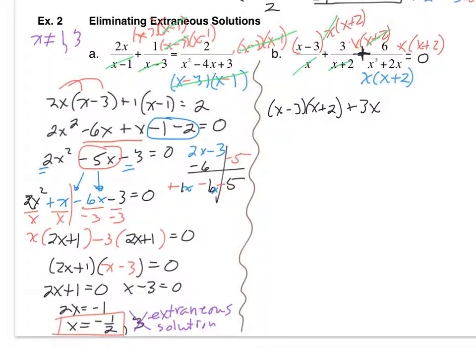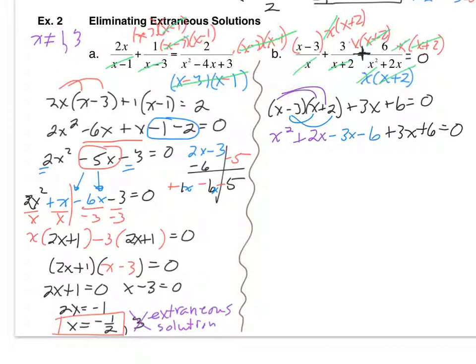Are you with me? All right, so then when we multiply, our x cancels and our x plus 2 cancels, so we're left with a positive 6 equals 0. Then you have to FOIL this correctly, so we get x times x is x squared, x times 2 is positive 2x, negative 3 times x is negative 3x, and negative 3 times 2 is negative 6, plus the 3x, plus the 6 equals 0.